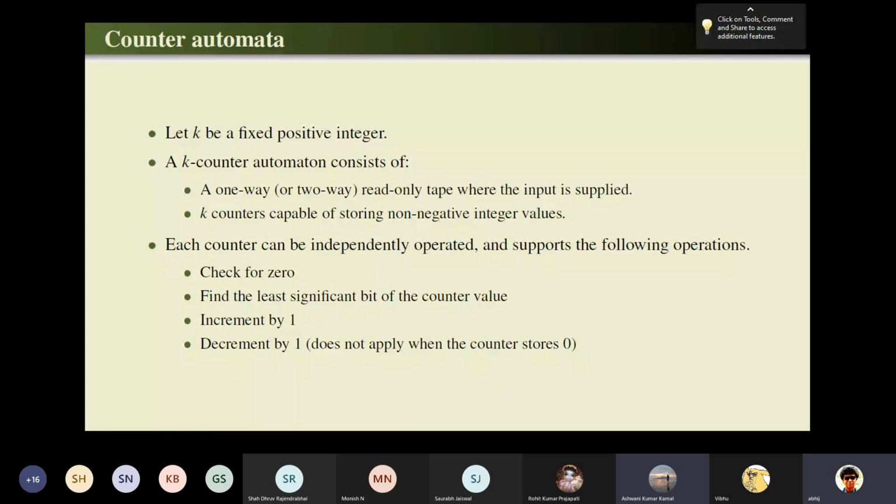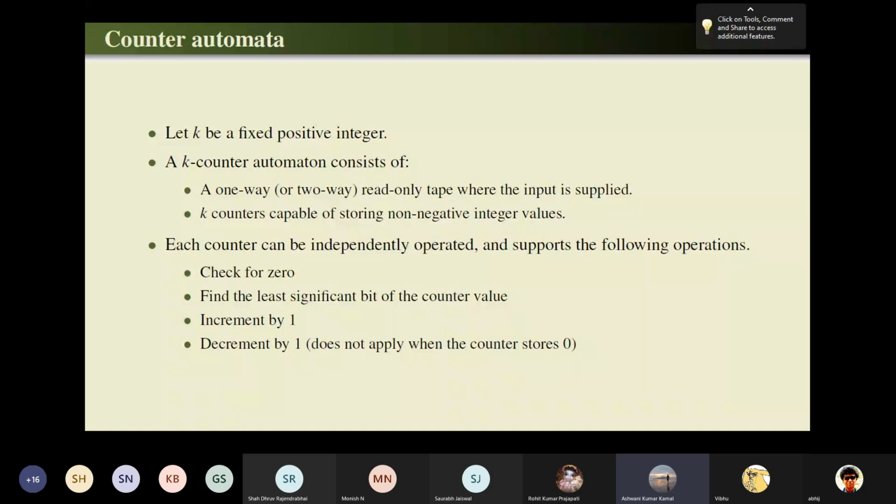So that's the basic thing. It's a machine with a finite control, a read-only input tape, which may be one-way, and k counters supporting these four primitive operations. That's all. A very, very simple machine.